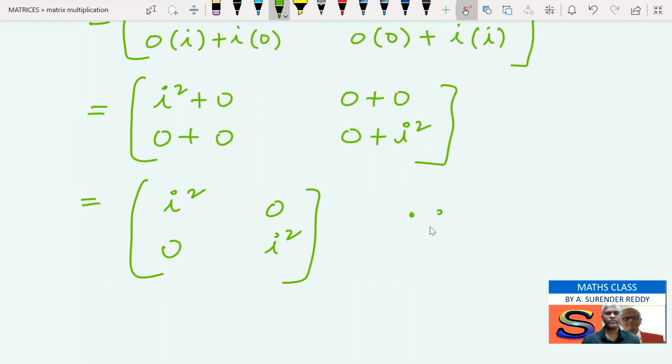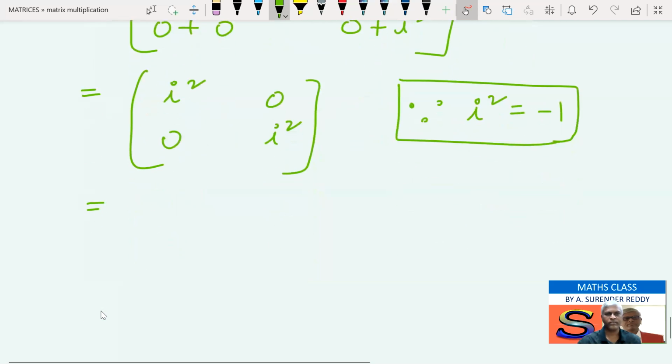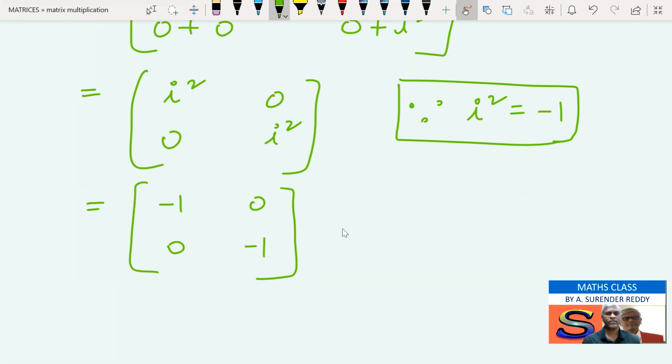So since I square value is minus 1, replacing I square with minus 1, this becomes [minus 1, 0; 0, minus 1]. So this can be written, you can take the minus 1 common and this becomes [1, 0; 0, 1].